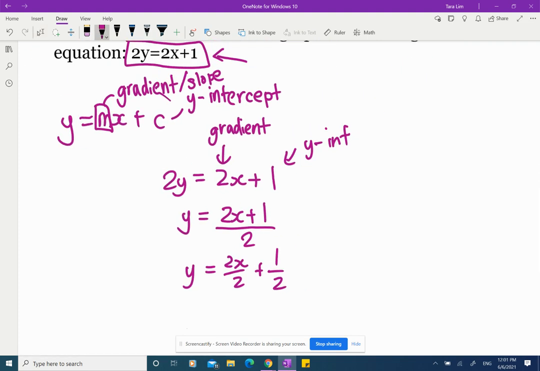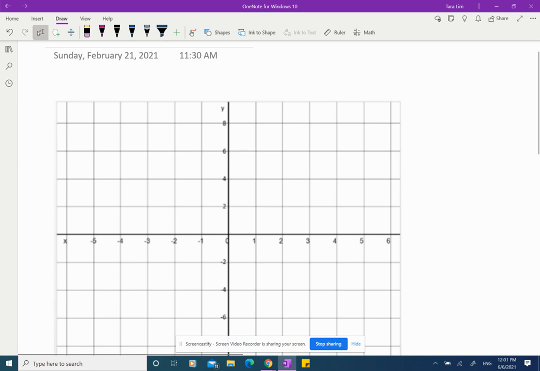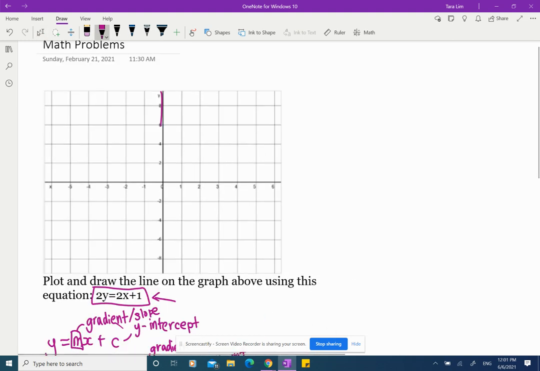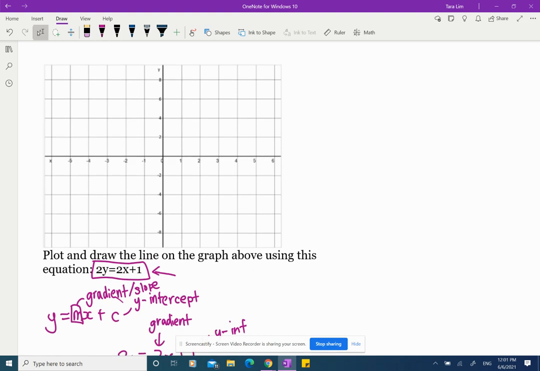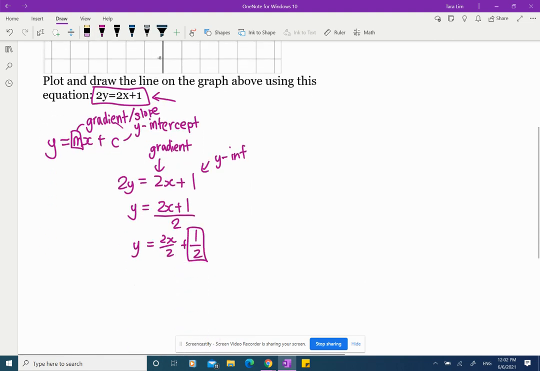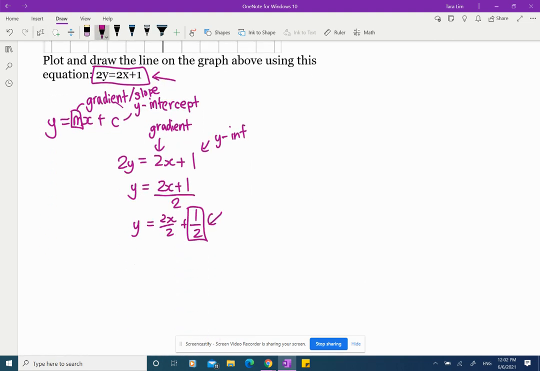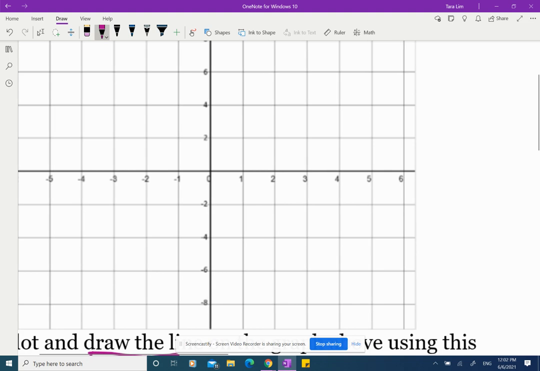So first of all, the intercept is 1 over 2. This straight line here is the y-axis, and the line has to cross the y-intercept. So it can cross here, here, anywhere on this vertical line. And the y-intercept is 1 over 2. So we plot 1 over 2 here.